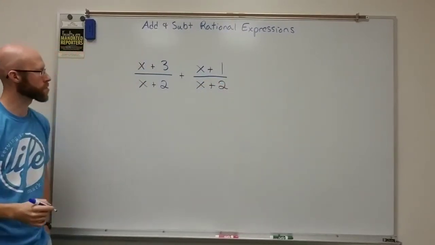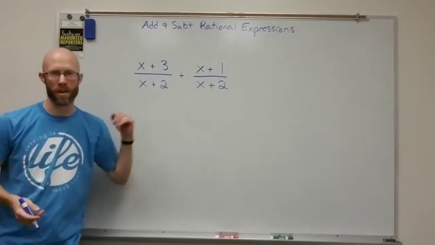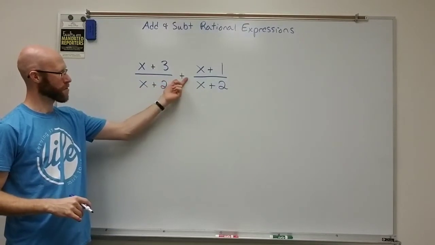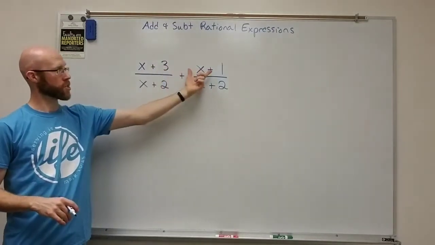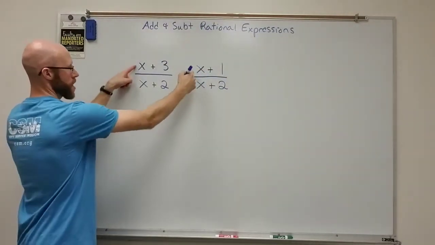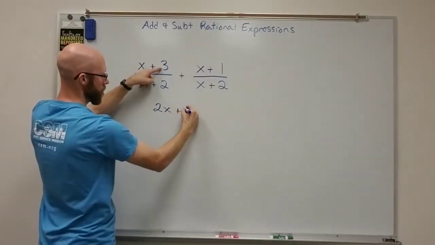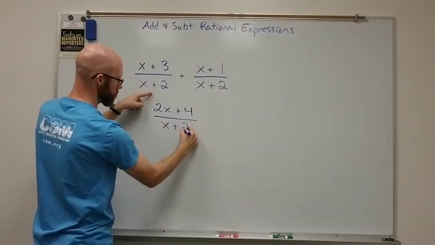So here I have x plus 3 plus x plus 1 all over x plus 2. Well, each of them over x plus 2, I should say. I'm jumping the gun here. Because I'm adding again with like denominators, I can just add the two numerators together over the same denominator. So x plus x is 2x, 3 plus 1 is 4, and the common denominator is x plus 2.